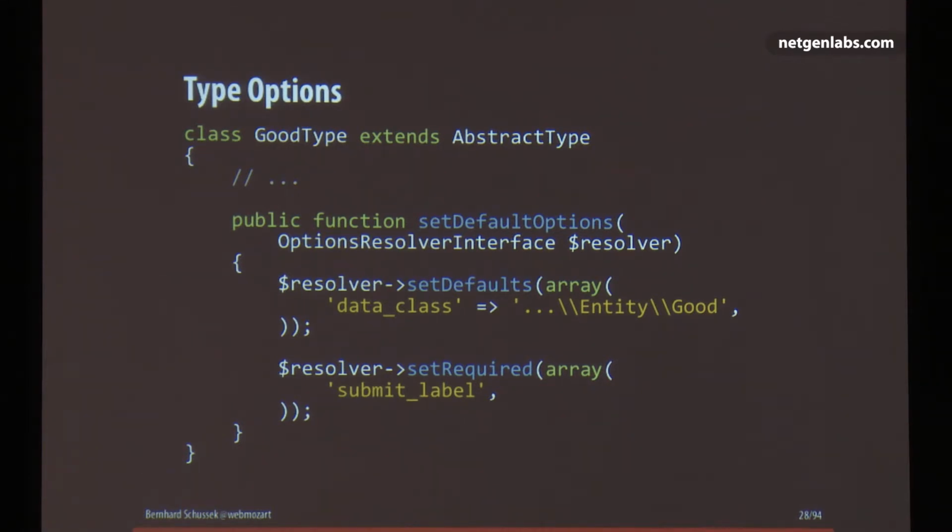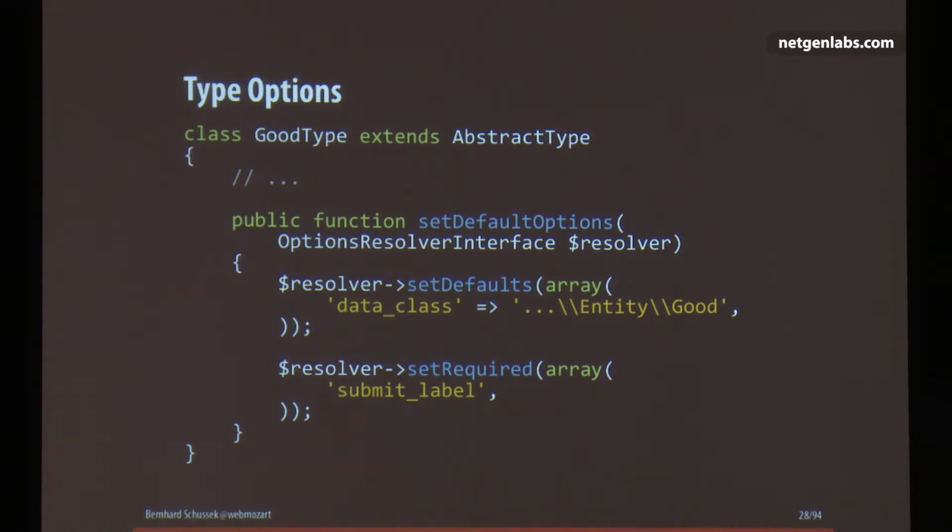So we can say that the default value of the data class option should be entity good, and then there should be another option that is called submit label, which should be required. That means if you create a form of that type and you don't pass that option, there should be an error. And there are a couple of other helper methods on the options resolver that help you to specify options and to validate them.